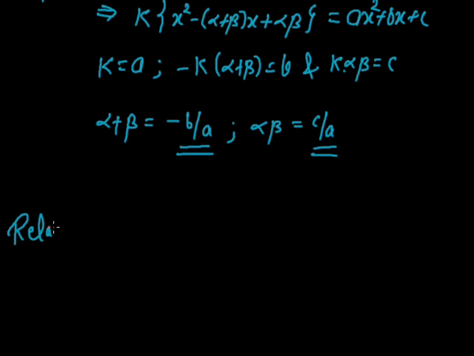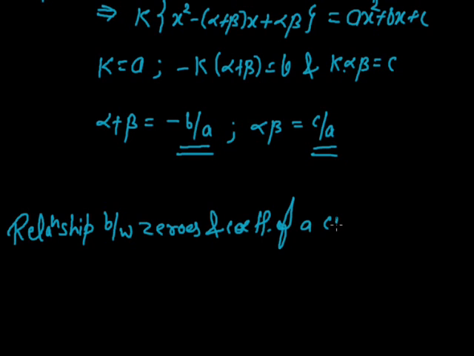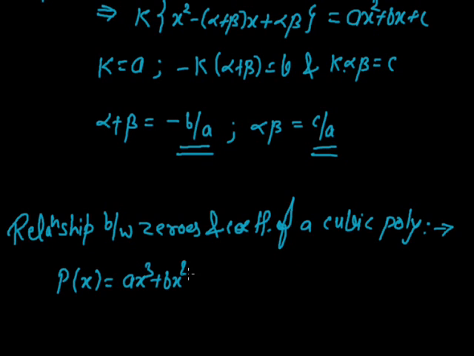So the next topic is the relationship between zeros and coefficients of a cubic polynomial. Let's say we have a cubic polynomial p of x equal to ax cube plus bx square plus cx plus d. As it is a cubic polynomial, it may have three zeros, alpha, beta, gamma, assume.